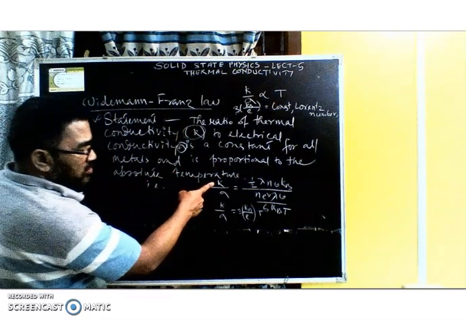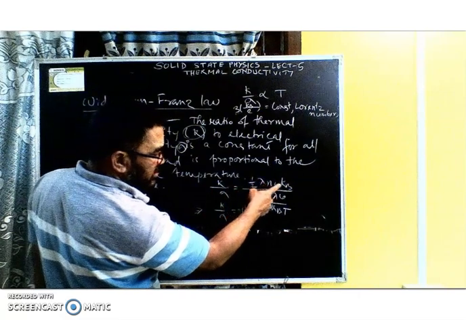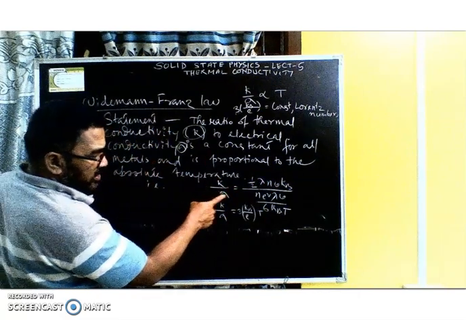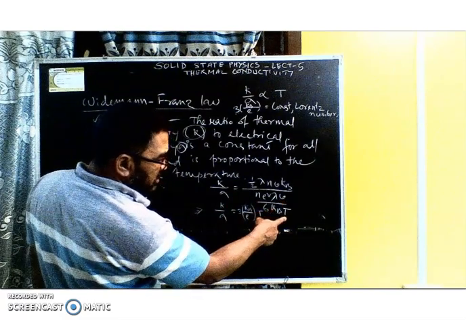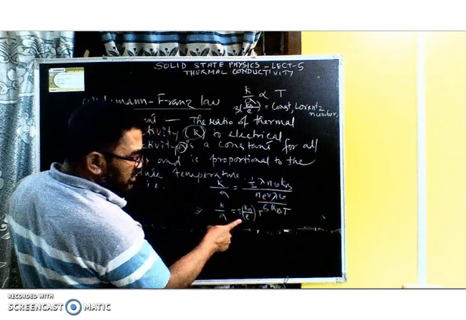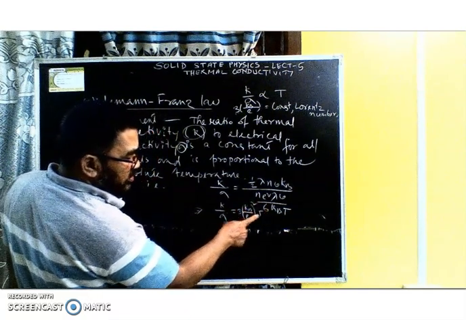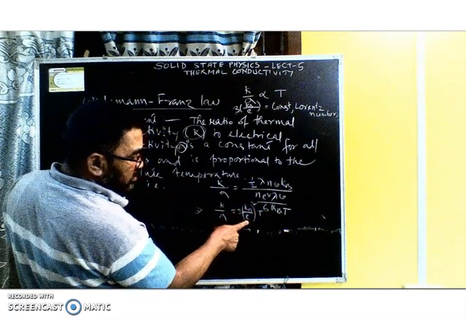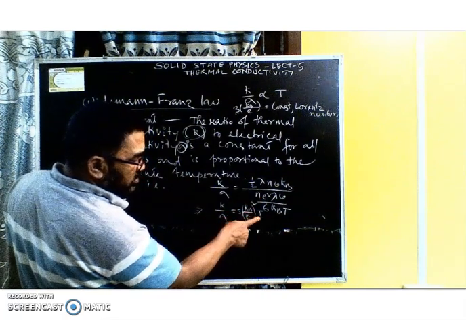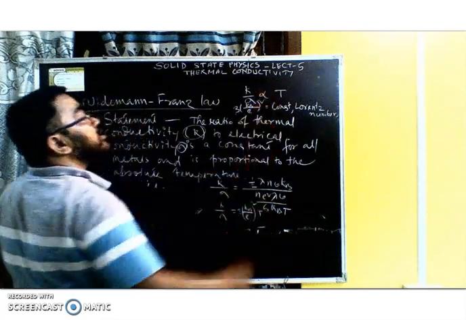So if you put the value of K, that is thermal conductivity, as half lambda n V kB, and the value of sigma as n e square lambda V divided by 6 kB T, after simplification we will get this value: 3 (kB by e) whole square T.